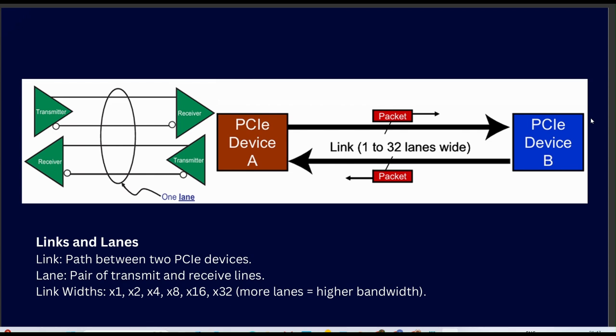These are the existing protocols, so we convert the parallel protocol to a serial protocol. Most of the devices have this parallel protocol. So backward compatibility means that PCIe can handle the transactions of PCI and PCI-X.